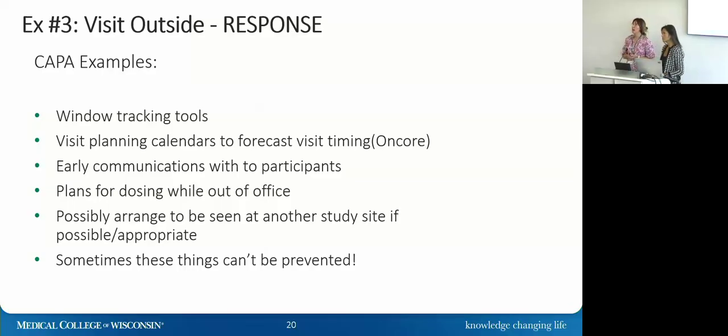Also, communicate early with participants, when you're consenting them, about how important it is that we stay right on track with the protocol with militant precision. Sometimes, depending on where they're traveling, we've even arranged for patients to be seen at another site that has this trial open, doing everything we can to maintain the integrity of the trial, the data, and the safety of the patients.